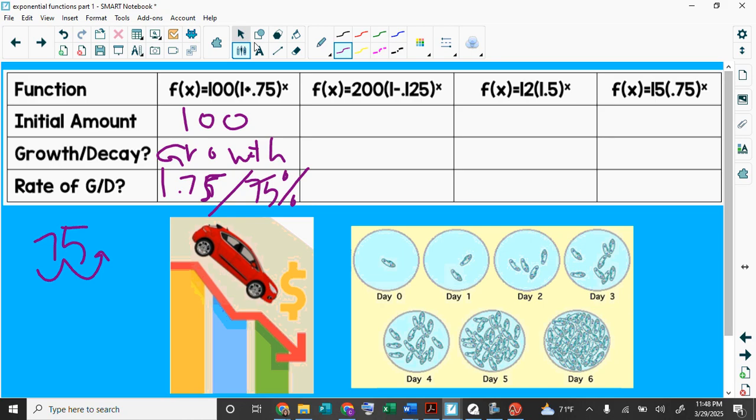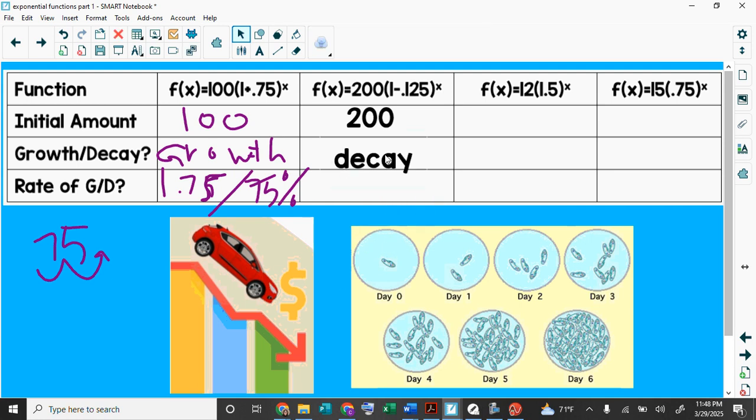I'm going to do this next one, hopefully to make it easier. So this one right here, my initial is 200. And this was 200 because it came first. Because I subtracted this number from 1, I'm going to have a decay.